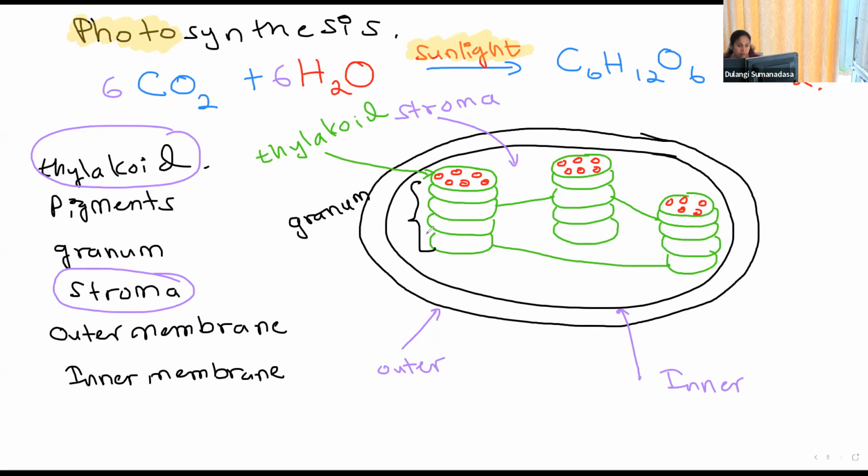Right, we did every single thing last year. So you have to remember thylakoid because the light dependent reaction takes place there, and the light independent is in the stroma, so you have to know the locations.